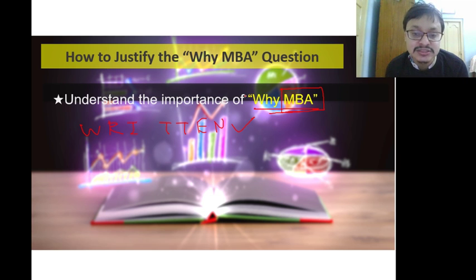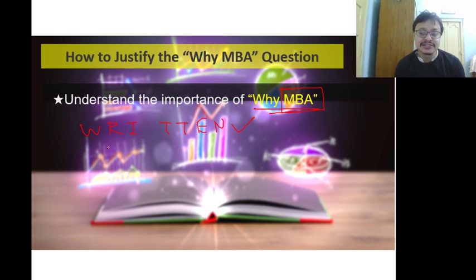Given the recent trends where engineering and MBA is considered more of a trend rather than something which you really want to do, it's very important that somebody introspects on why MBA. The panel wants to understand whether it's just that at the end of your final year you decided that everybody's preparing for CAT, so you start preparing for CAT. Or is it that you have a genuine idea about where you want to be eventually, what you want to do, and how an MBA will help you get there.